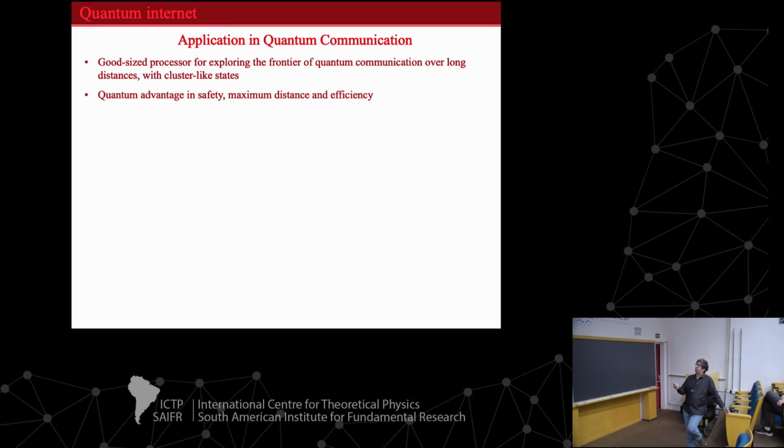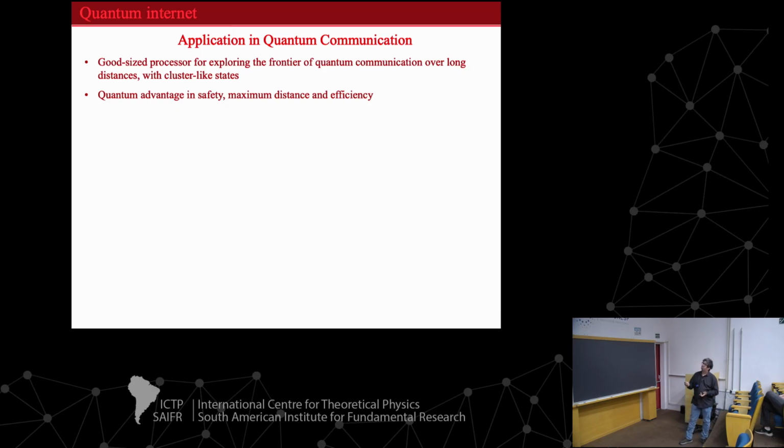And one of the things that we want to apply, besides all quantum computation applications, is more sophisticated quantum communication protocols. The DLCZ protocol is, as I mentioned, just one of the first protocols, not the most efficient one.